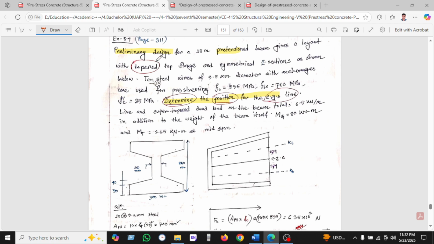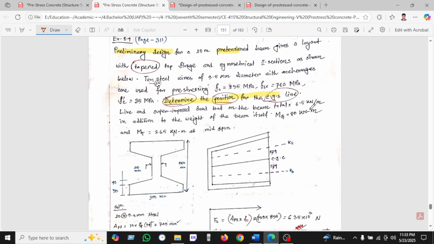Now we can see the preliminary design for a 15-meter post-tensioned beam is given, laid out with a tapered top flange and a symmetrical I section as shown below. 10 steel wires of 9 mm diameter with anchorage are used in post-tension, fpu 985 MPa and fc 35 MPa, and determine the position of the CGS line.